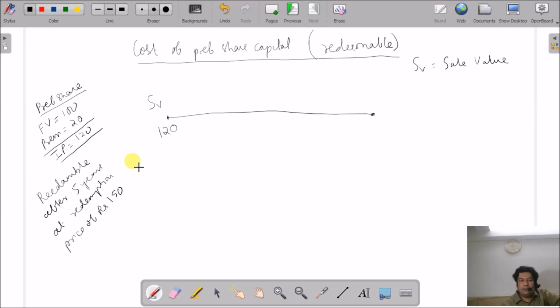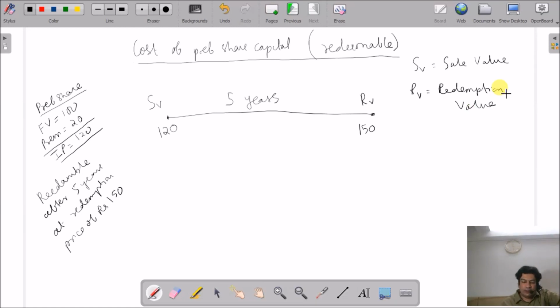So I will pay this share money back after 5 years, at a redemption value of rupees 150. So RV is called the redemption value, that is the amount which you are paying at the end of the term.